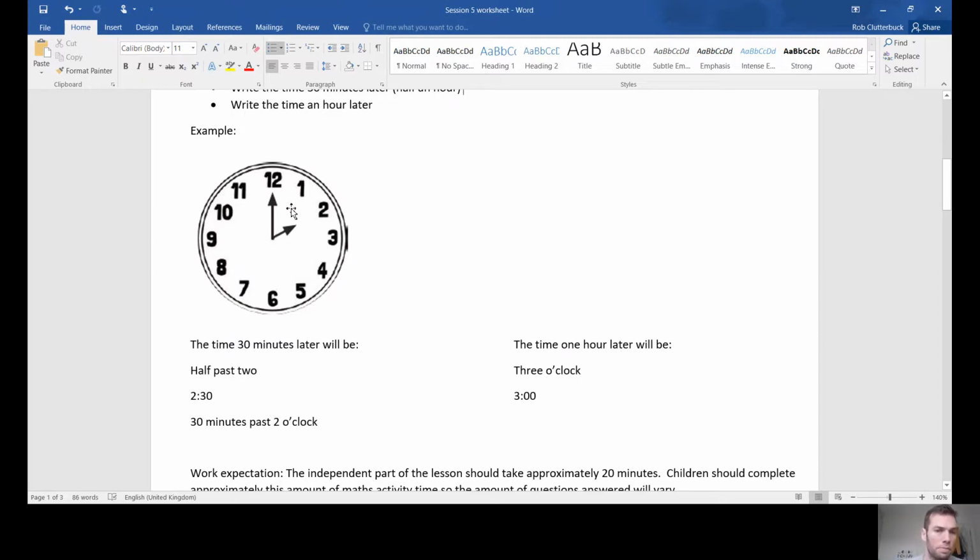So here's my clock. It says 2 o'clock at the moment. The time 30 minutes later will be 2:30, 2:30 or half past 2. And the time 1 hour later will be 3 o'clock. 3 o'clock. There we go.